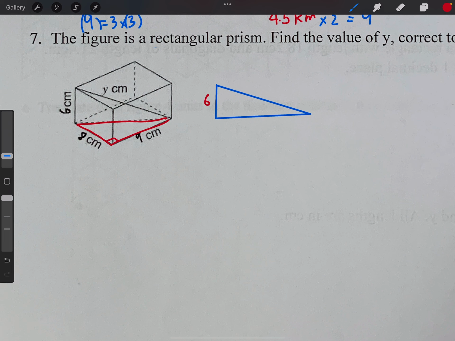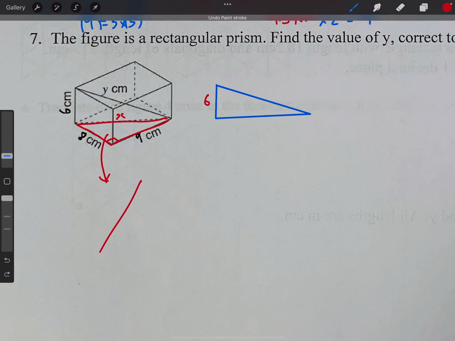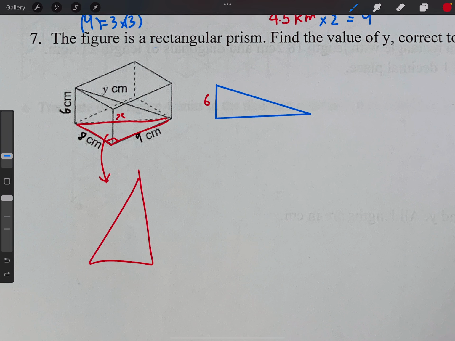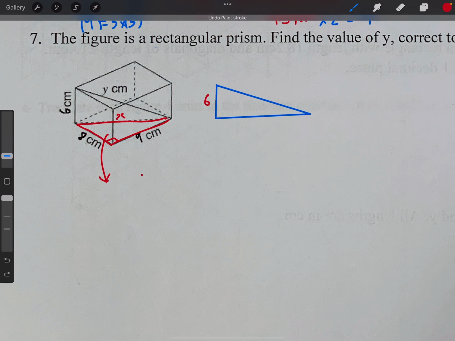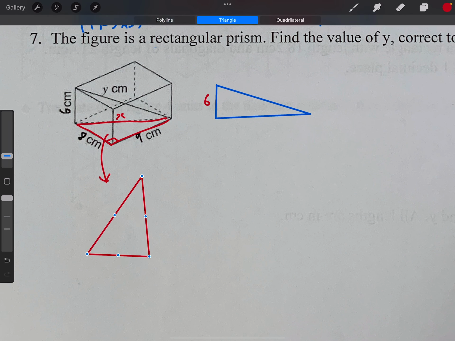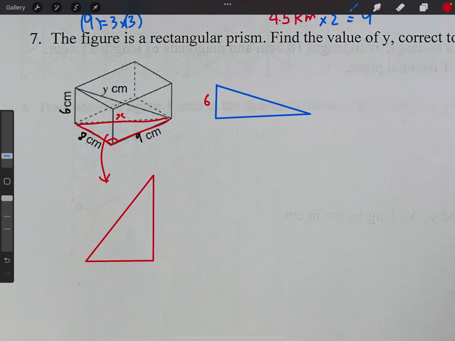So let's call that x. I'm going to redraw this down here. This is also a right angle because that's a right angle there. This is 9, this is 8. So I can say x squared is equal to 8 squared plus 9 squared.